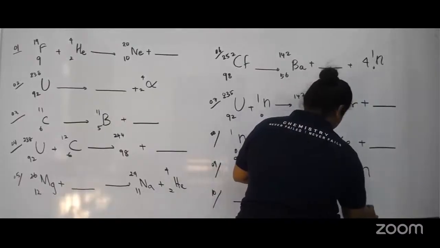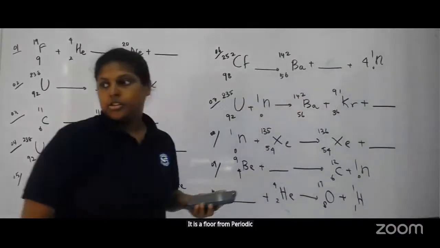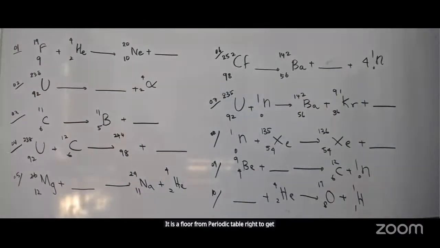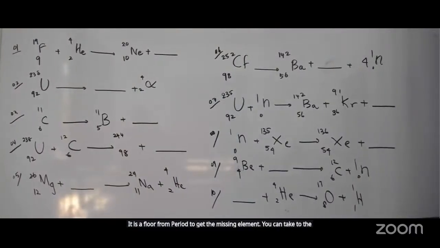Take the support from the periodic table, right? To get the missing element, you can take the atomic number.